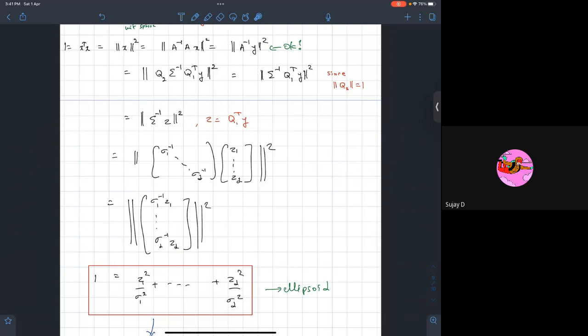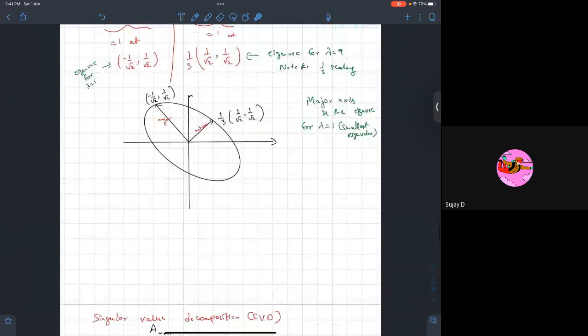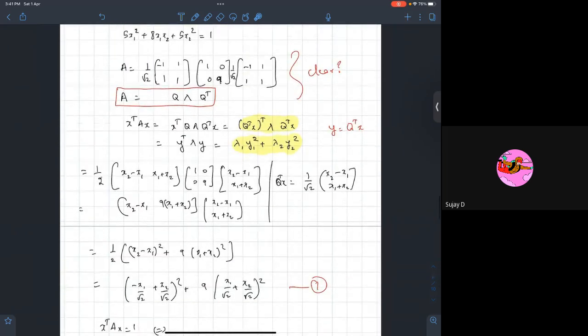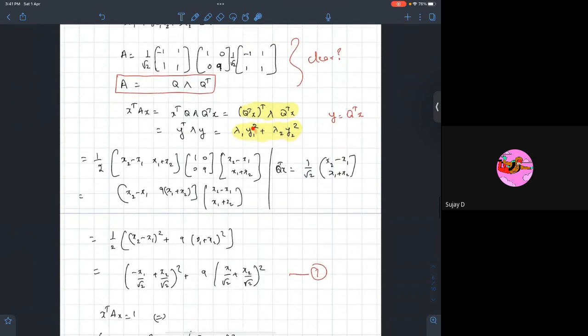The thing to recognize, if you go back to the earlier positive definite case also, we got the ellipsoid equation in Y, and Y is Q transpose X. And because Q is only rotating, even in X you got an ellipsoid equation, or ellipse equation. In this case it was just R2. Do you understand the point? This Q is just rotating, so even in X it is an ellipse equation.